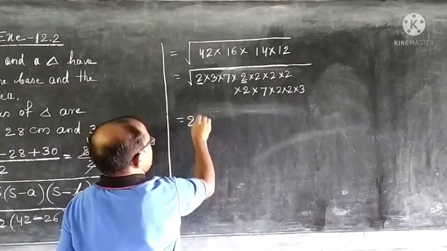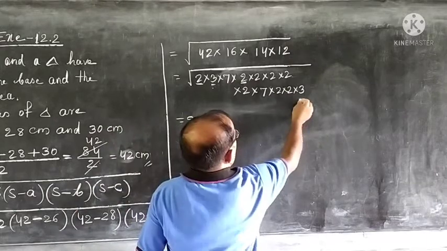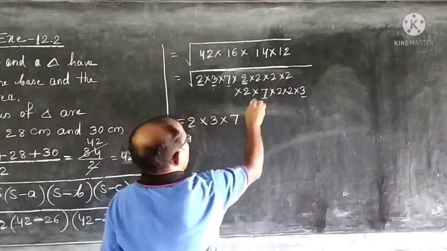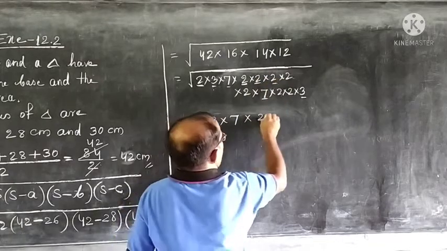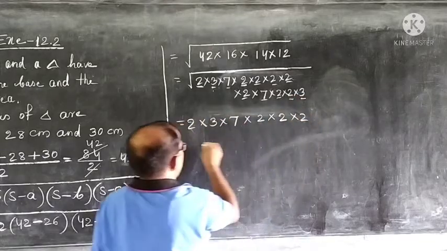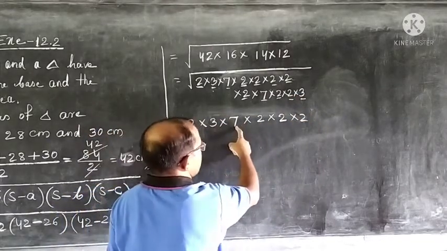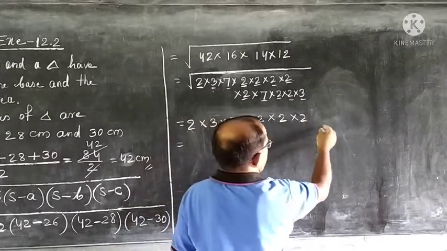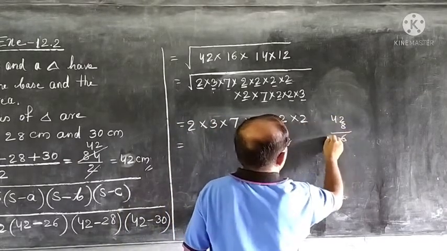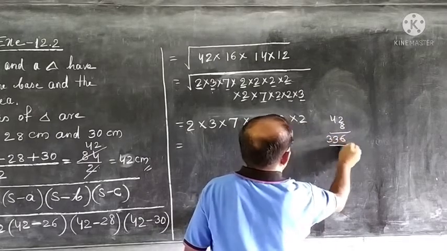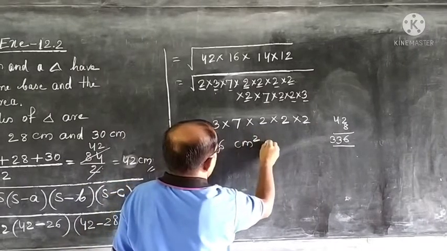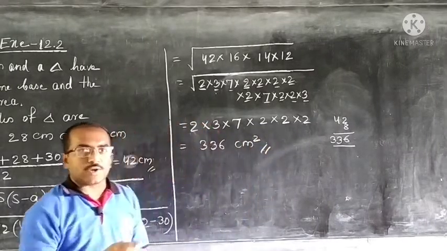Now the pairs come out: 2, 3, 7, 2, 2. Let us multiply: 2 3s are 6, 6 7s are 42, 42 into 8 is 336. So what we found? The area of that triangle is 336 centimeter square.